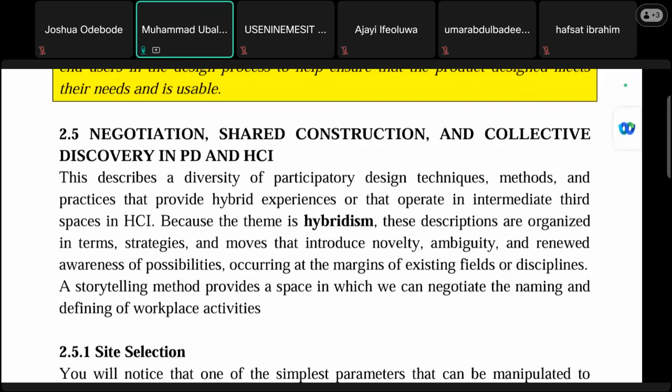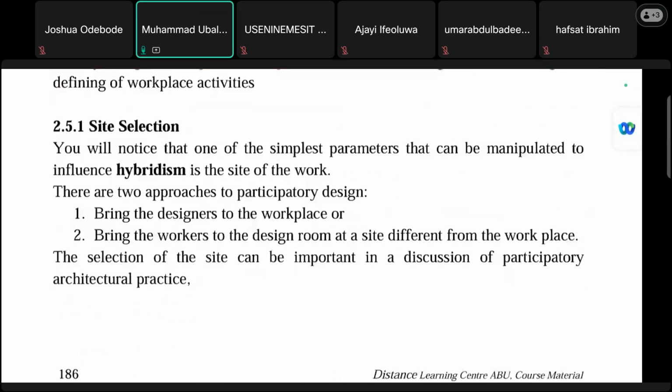You will notice that one of the simple parameters that can be manipulated to influence hybridism is the site of the work. And there are two approaches to participatory design. Number one, the designer goes to the workplace, and two, the one that brings the worker to the design room at a site different from the workplace. So the selection of the site can be important in a discussion of the participatory architectural process.